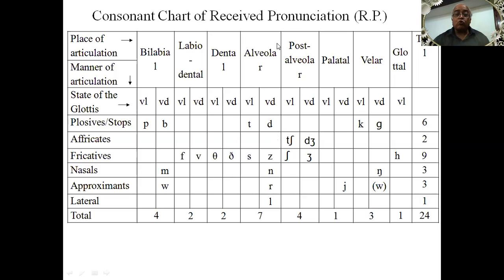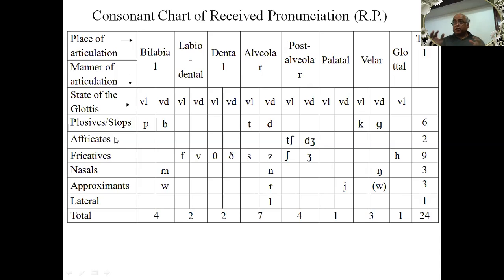It's post-alveolar, meaning it's from the back of the alveolar. The alveolar itself is a very small area, so this sound is produced from the back of the alveolar. When the tip of the tongue touches the back of the alveolar, we get the post-alveolar sound. So the state of the glottis is voiceless. The place of articulation is post-alveolar, and the manner of articulation is an affricate.